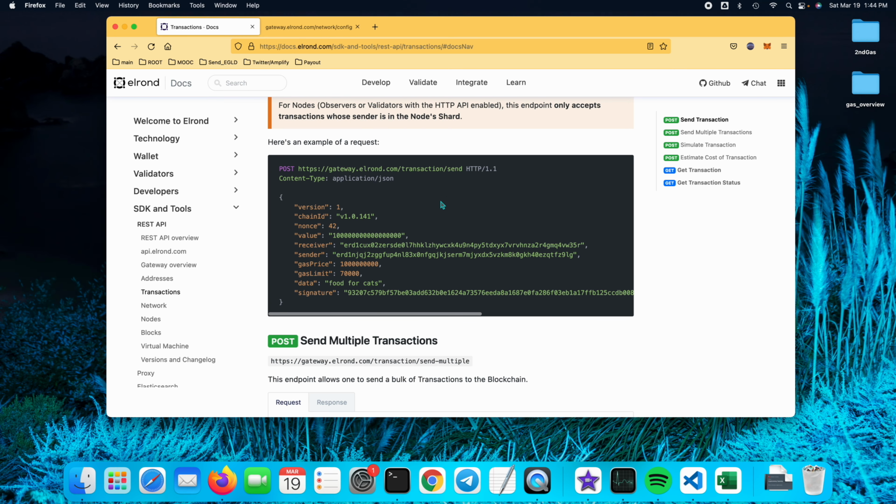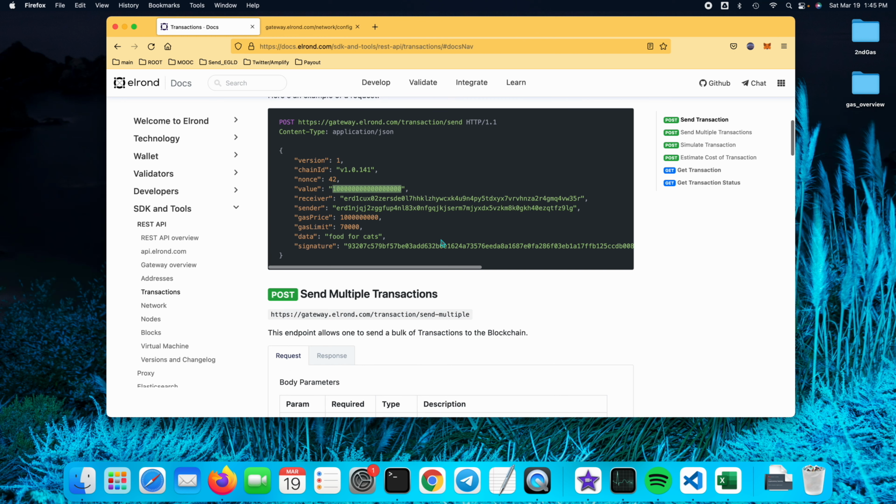In this REST API transaction example, we have the version and chain ID, which seem to be backwards in this example. Then there is the nonce and the value. So this is the value of atoms of EGLD.